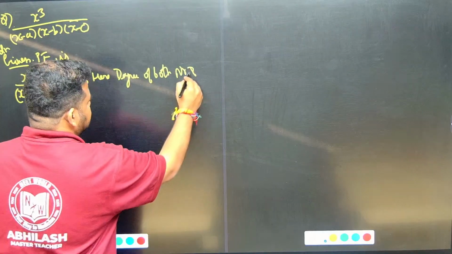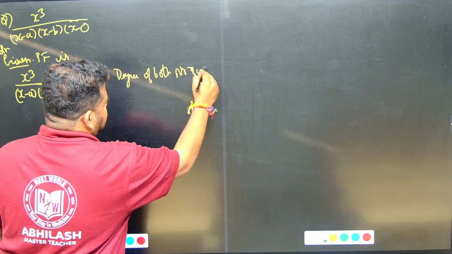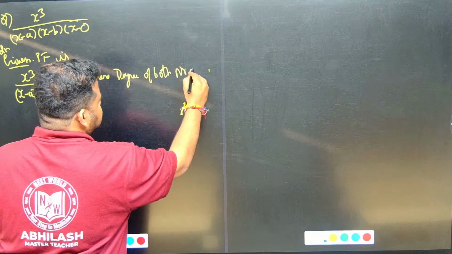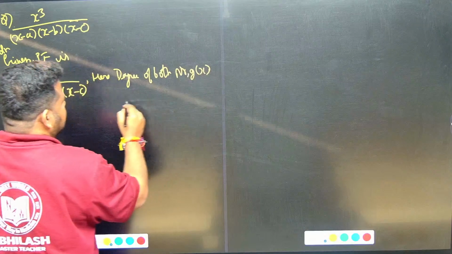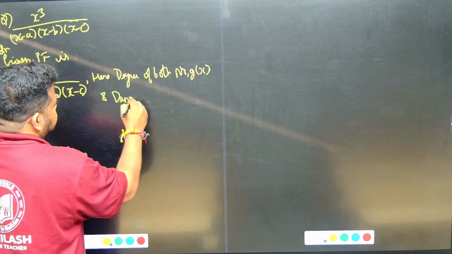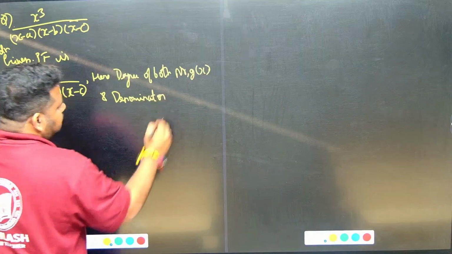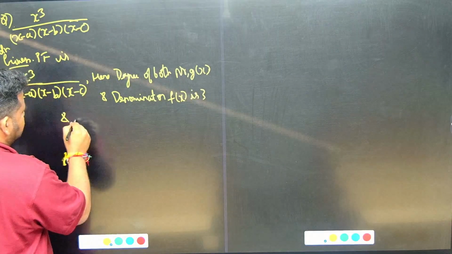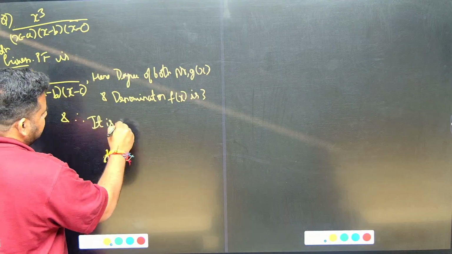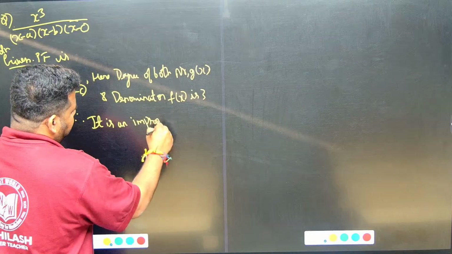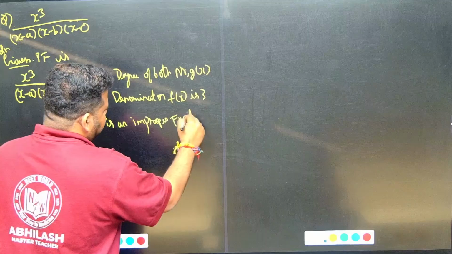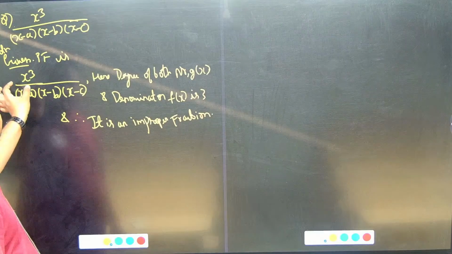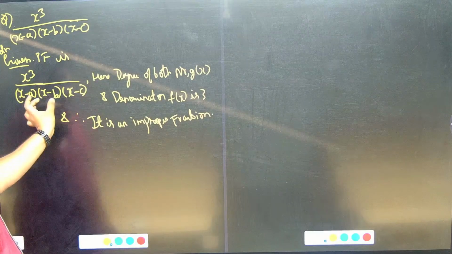Let us write the numerator as g of x and the denominator as f of x. Therefore it is an improper fraction. Now you have to convert it to a proper fraction. That means you should take x cube and divide by x minus a, x minus b, x minus c. That is one method.